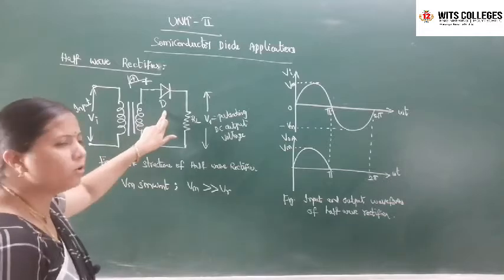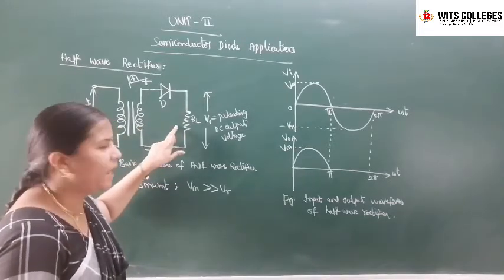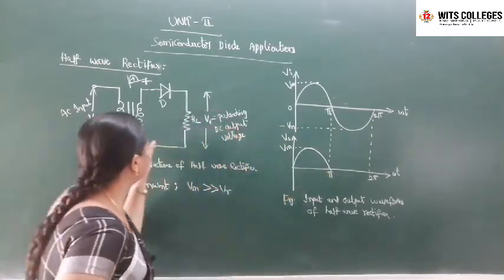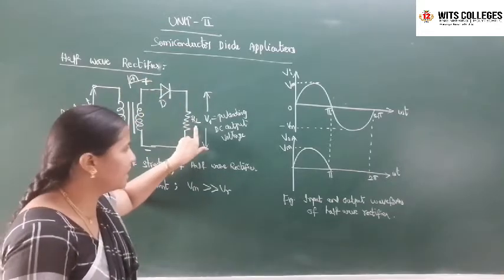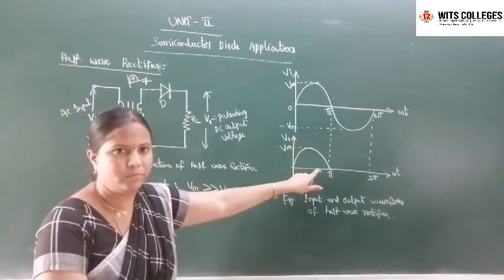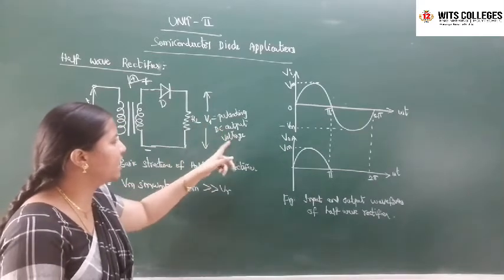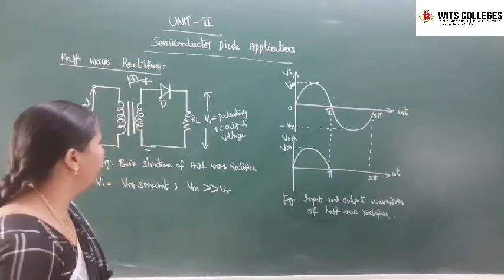That means the diode conducts. So there is a flow of current through the resistor RL and you will get the output like this. Whatever you are giving as input, you will get across the load resistor RL. So this output is pulsating DC output voltage, V0.